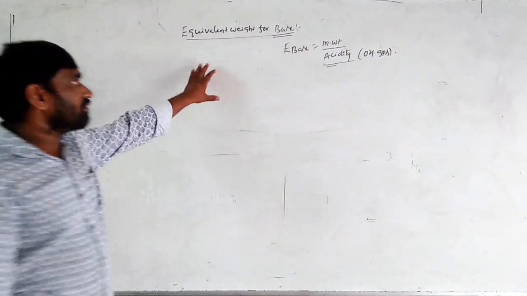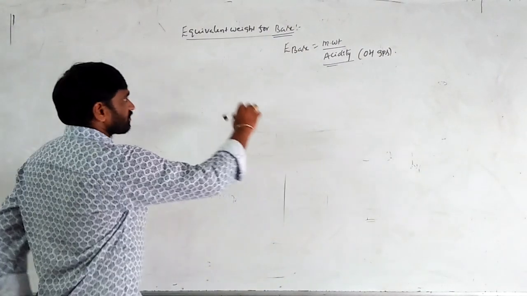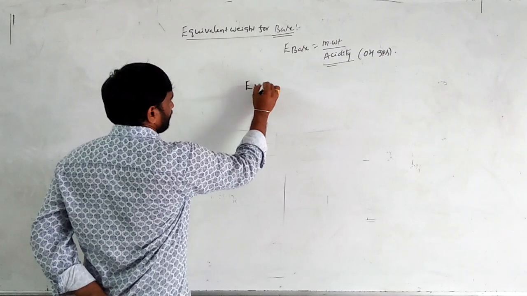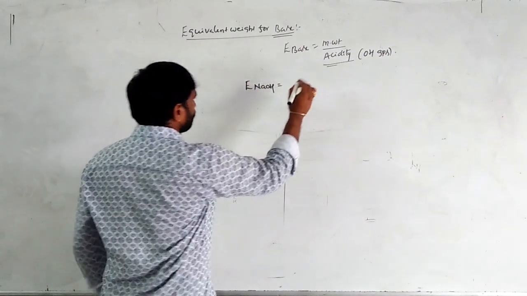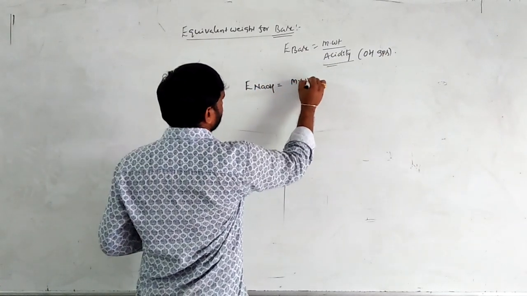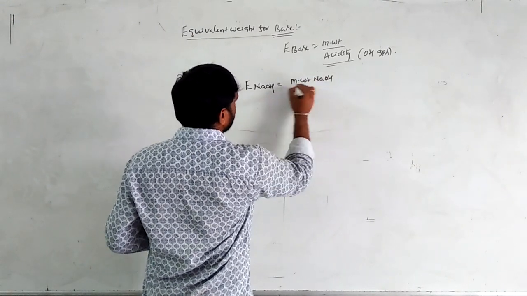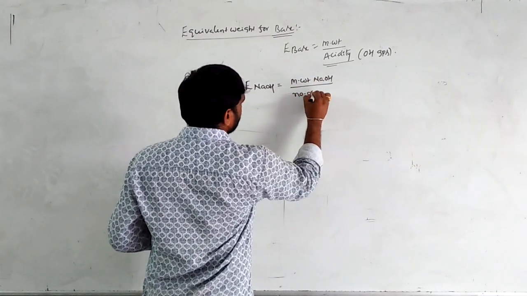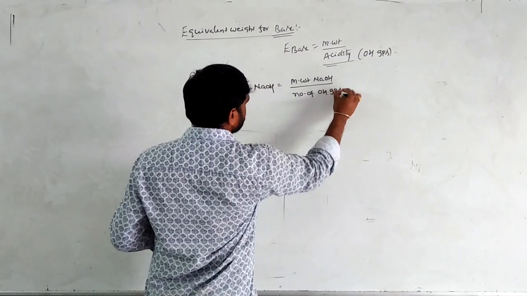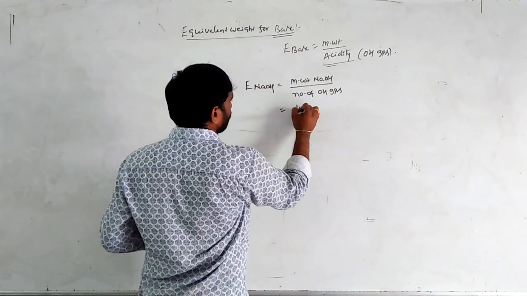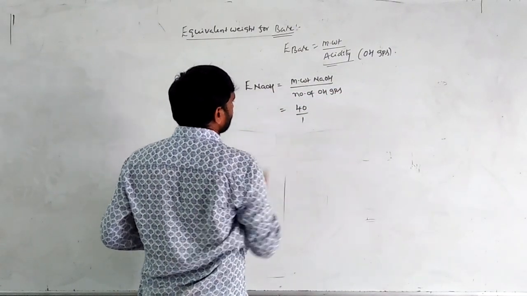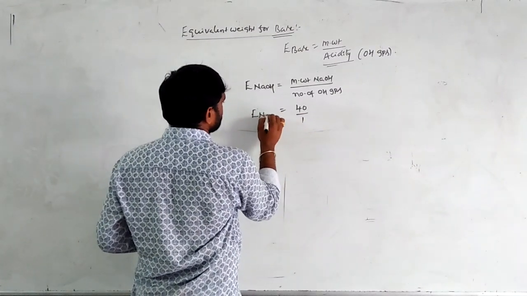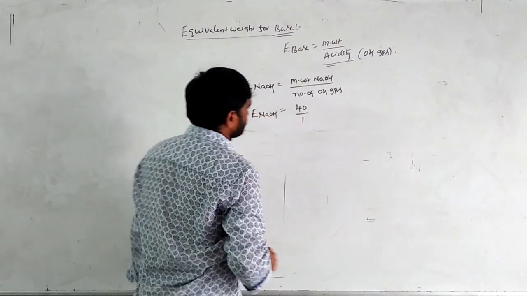It is known as acidity. That means equivalent weight of NaOH equals molecular weight of NaOH by number of OH groups. Molecular weight of NaOH 40 by number of OH groups 1. So this is the equivalent weight for NaOH.